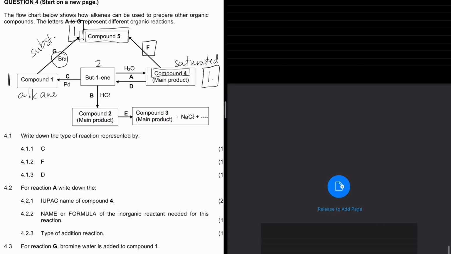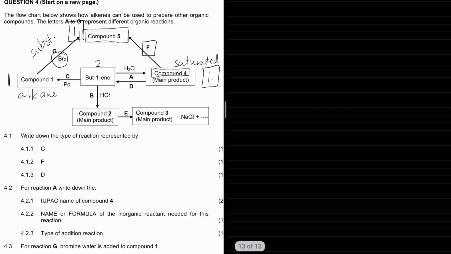Okay, let's move on. 4.2, for reaction A, write down the IUPAC name of compound 4. So 4.2.1, I'm going from but-1-ene. So I'm going from an alkene. I'm reacting it with water. So something with water, I'm going to a 1.